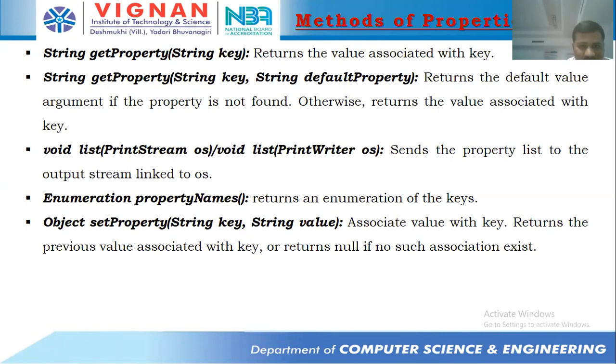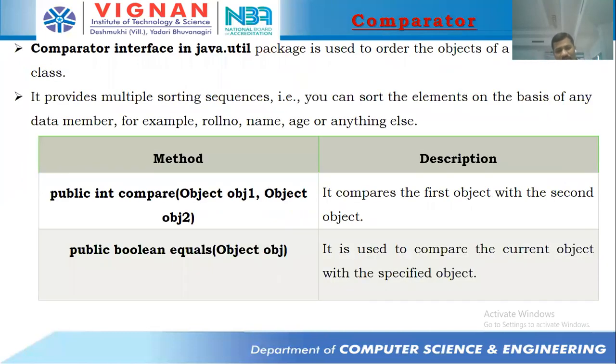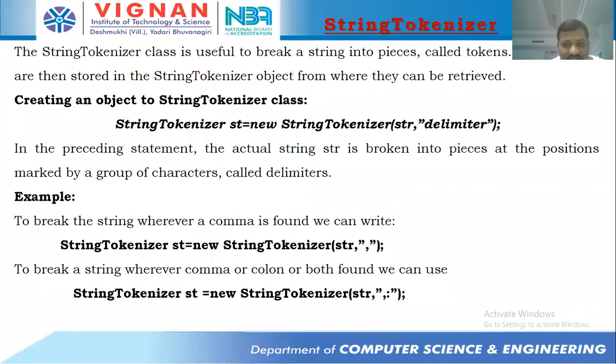Then list sends the property list to the output stream linked to the OS, and enumeration we will not require. setProperty, with the help of this we can set the property into a file. And load will load a particular file's information with the help of the load function. Store is going to store the property list to the output stream linked to the OS. Many functions are available, and we'll be discussing those things.